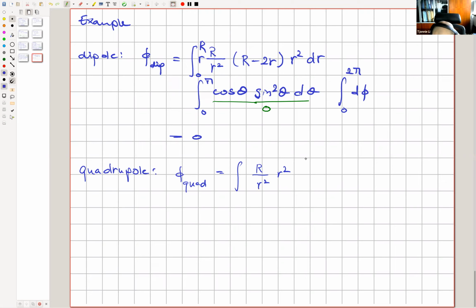R squared here, and then R minus 2R, R squared dr, and then there is an integral over 3 over 2 cosine squared minus a half, which is the Legendre polynomial, sine squared d theta, integral d phi.